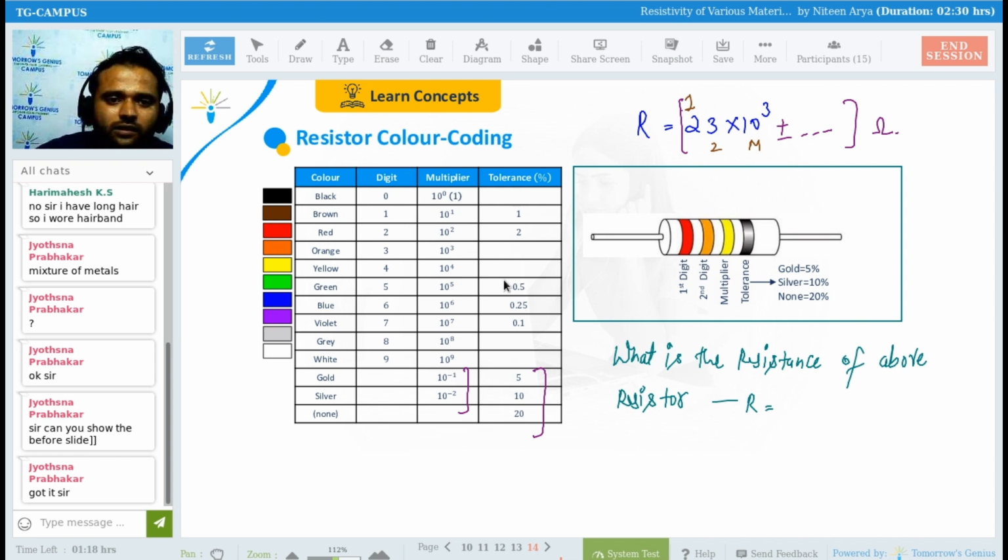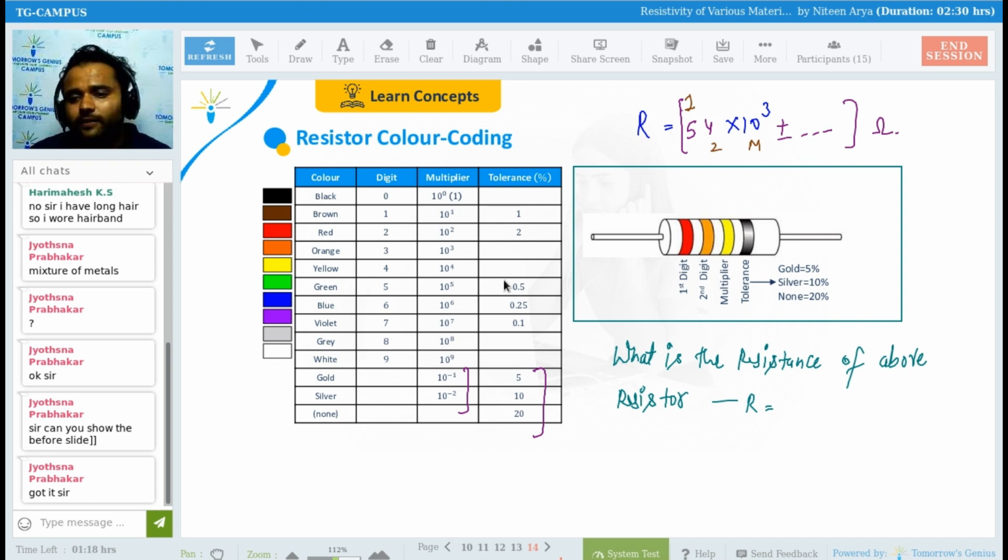Did you all understand this now? You need to use the table on the left hand side, and according to the color code, you need to find the resistance of a resistor.